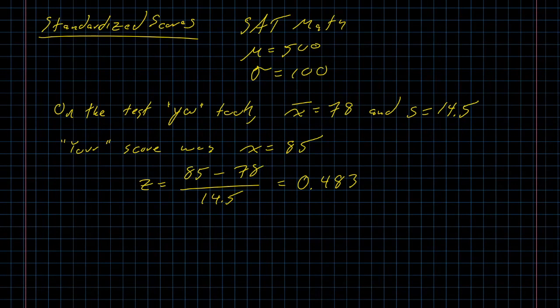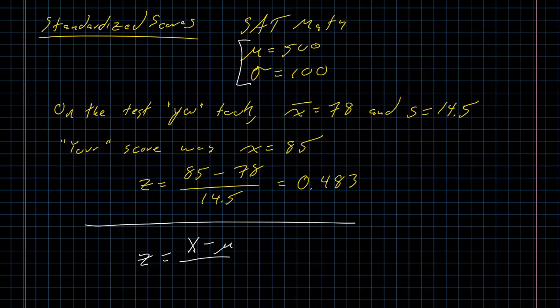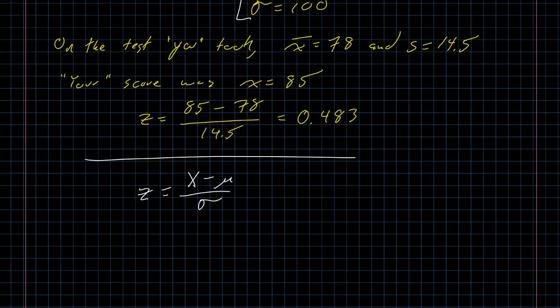My score X is 85, which has 2 digits, so the z-score that I calculate, I'm going to give 3 digits. Now, using what I know about what the SAT wants us to have, we're going to assume that the z-score stays the same. So my z-score is still going to be 0.483.